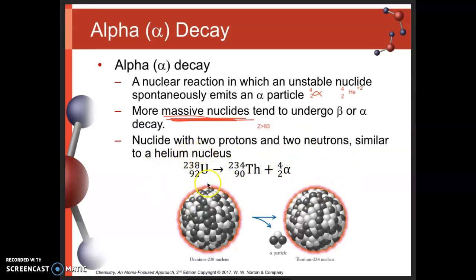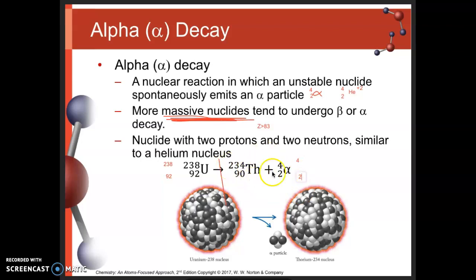We've got uranium-238, so my mass number for the uranium is 238 and my atomic number is 92. On the flip side of the equation, I've got an alpha particle, which has a mass number of 4 and an atomic number of 2.